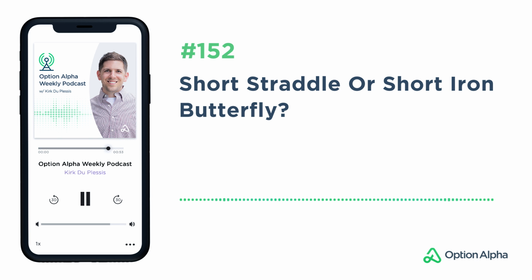Oh, hey, Kirk. This is Brett from Florida, a recent and happy lifetime member in constant awe of the quality educational content and trades that you generate every day. I am looking forward to the automatic trading application from Option Alpha. But here's my question, and I hope it can help. I trade iron condors and iron butterflies inside my IRA account for tax efficiency.